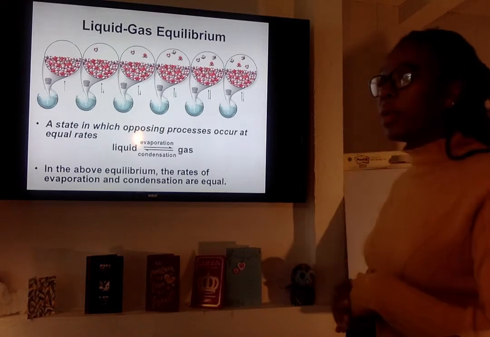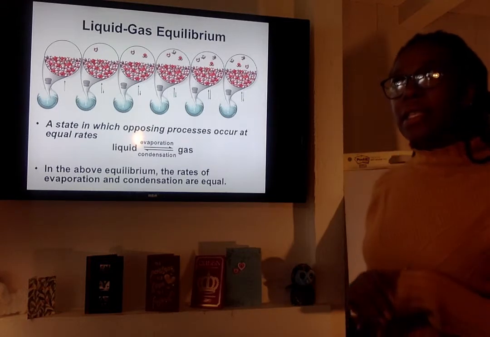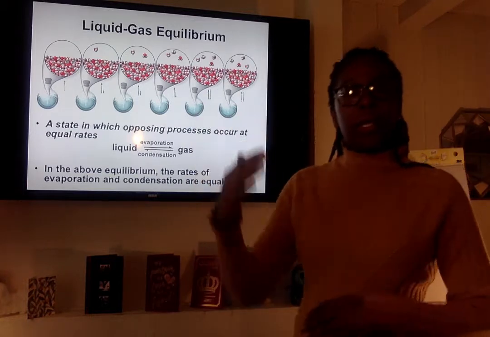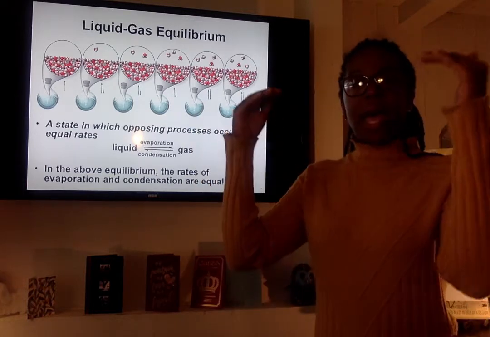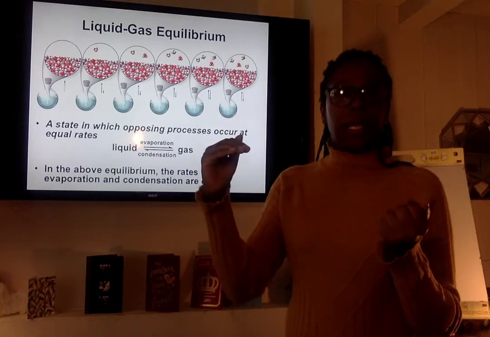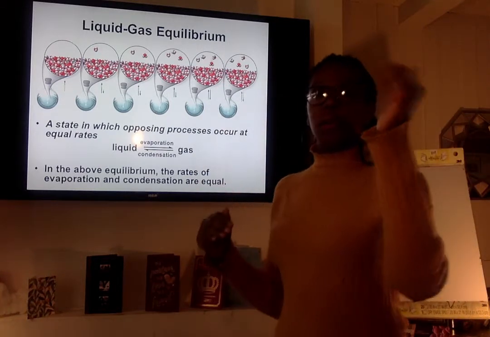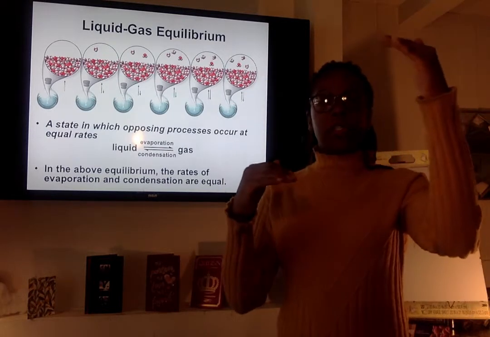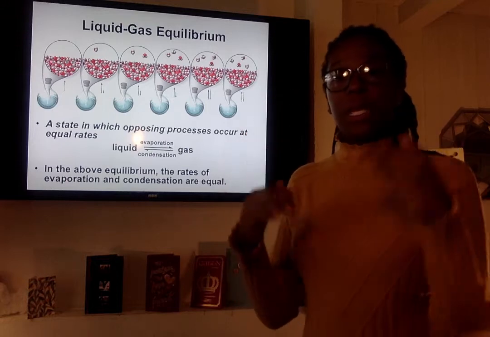You can think of it like a freezing point and a melting point. At some point this water is going to be boiling, and at some point it's going to be condensing, and the rate at which those happen is going to be equal.